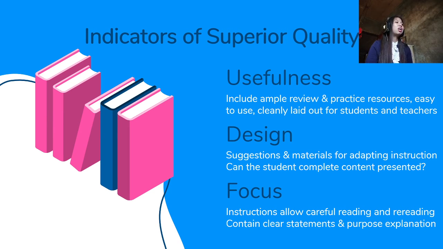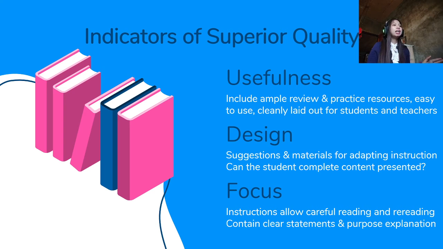So, as I observed, the way they evaluate their materials outside the Philippines is, I think, a lot easier because they only have small indicators or short indicators. So let's talk about usefulness for superior quality. It should include ample review and practice resources. Okay, it is easy to use and it is cleanly laid out for students and teachers.